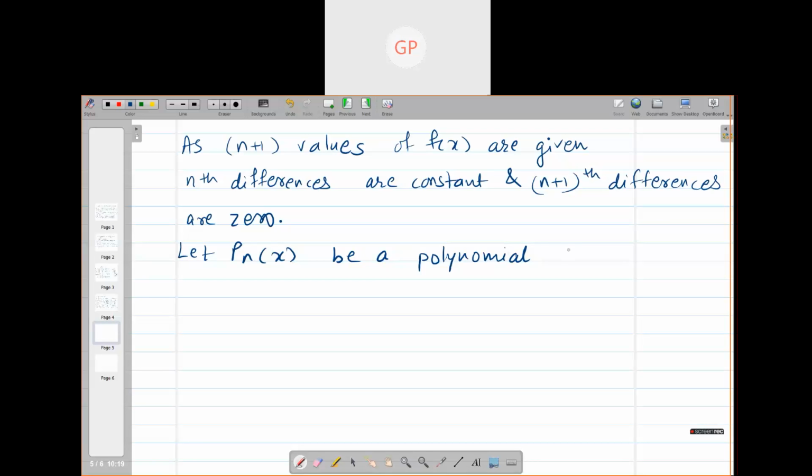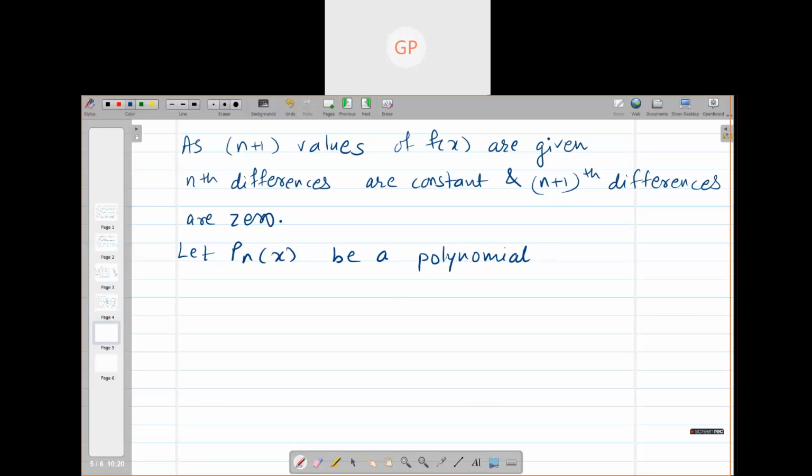So when you have 5 values, the fourth order differences will be constant. Delta raised to 4 में आपके पास एक ही value आएगी. When you have 5 values, okay? When you have 5 values, are you getting me? Yes, ma'am. Till fourth value will get constant and the n plus 1 differences will be 0.